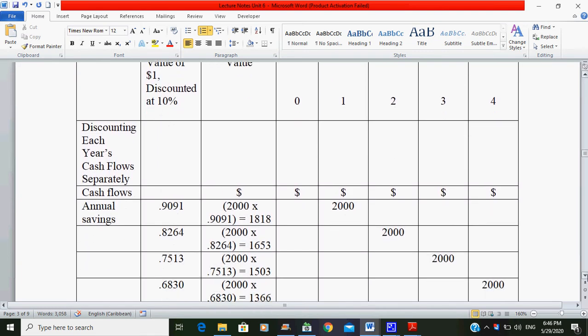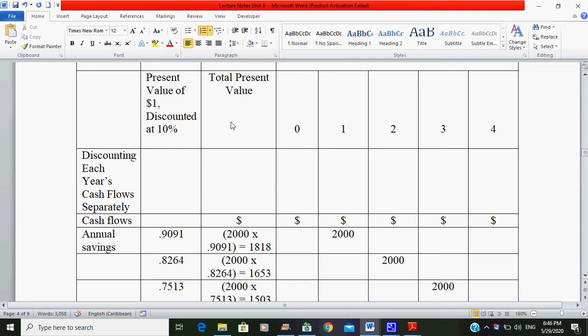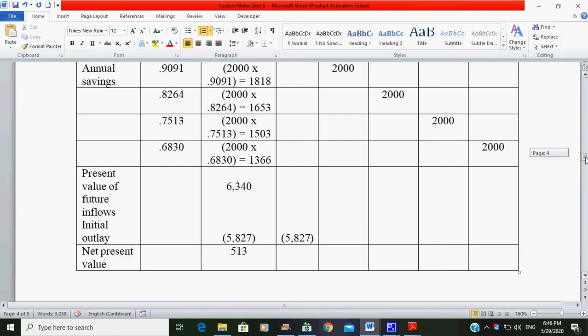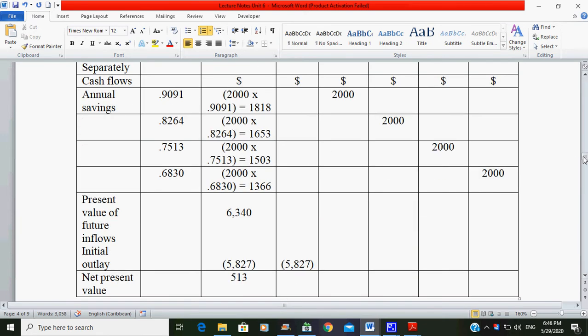So, first things first, this is one way of doing it. You discount the cash flow for each year separately. You have year zero, year one. Year zero is the initial outflow, which is 5,827, right?